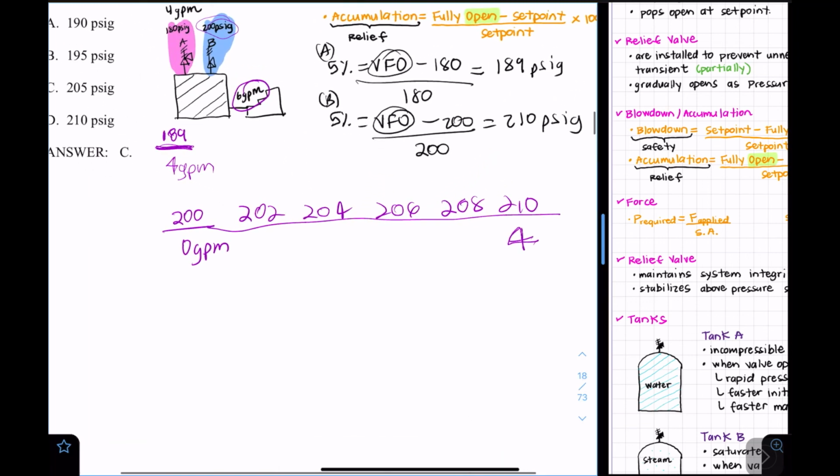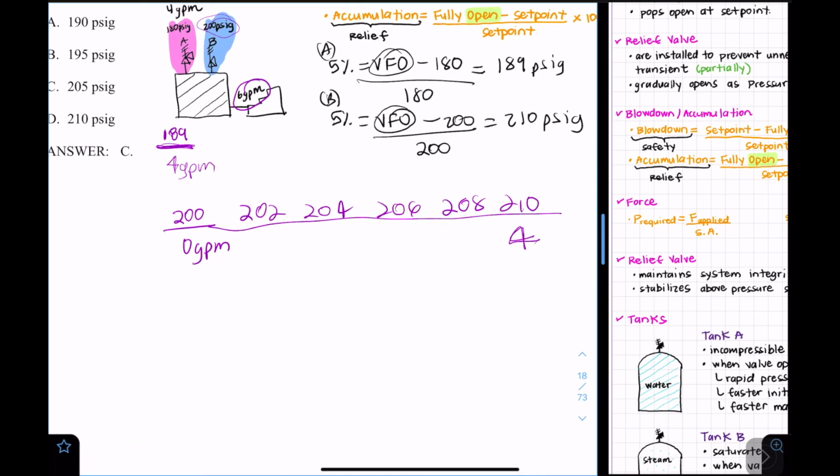So when are we getting to 2 GPM, which is half? So 2 GPM, we're gonna get in here when we are half, which is 205.